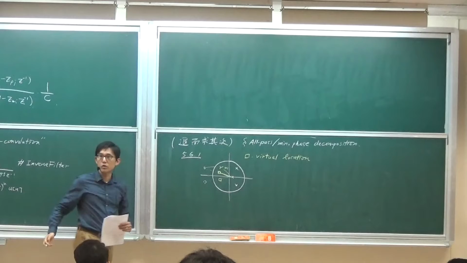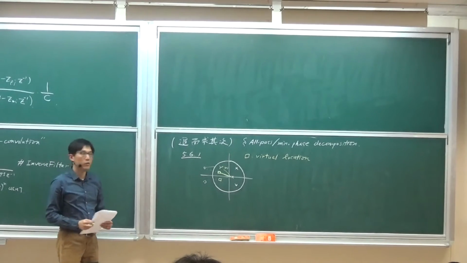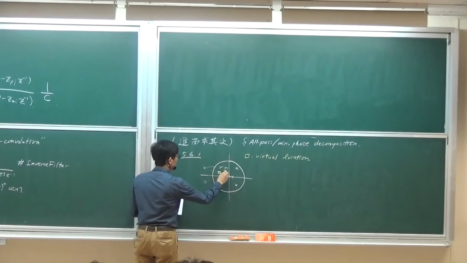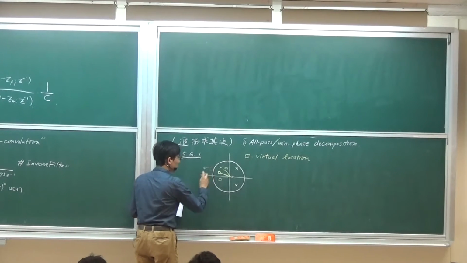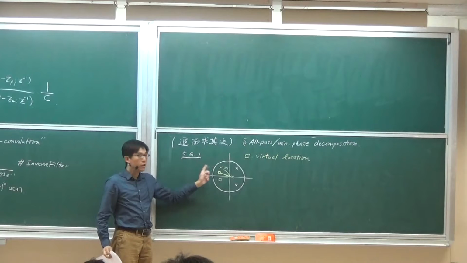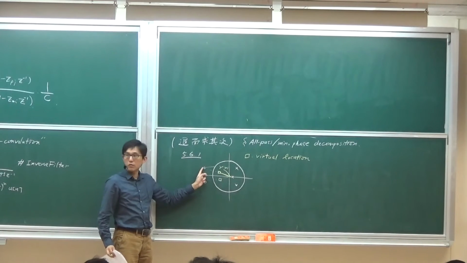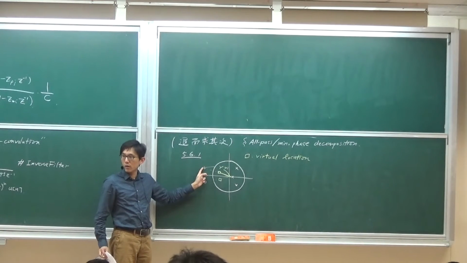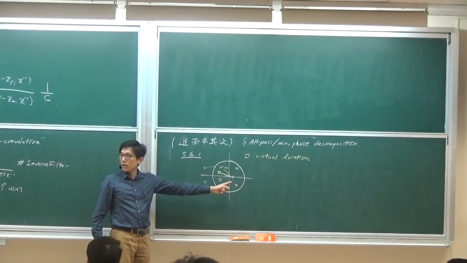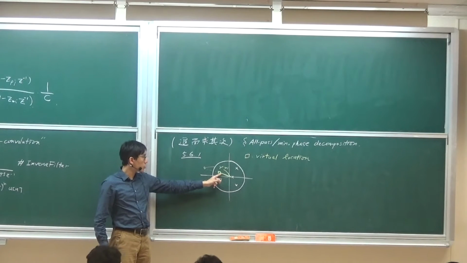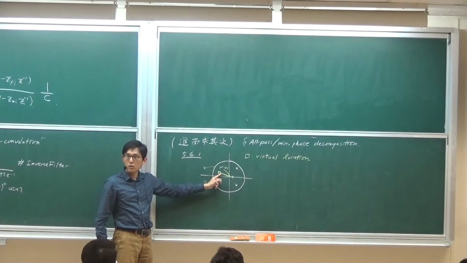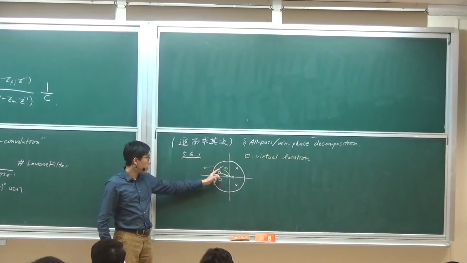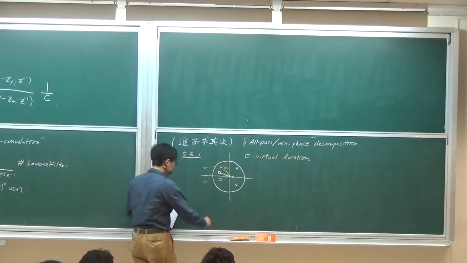If the distance of the zero from the origin is r greater than 1, the virtual location would be at the same angle. Just draw a straight line from the origin to the location of the zero outside, and then require the virtual location to be at distance 1 over r from the origin. Again, the relation is r versus 1 over r.